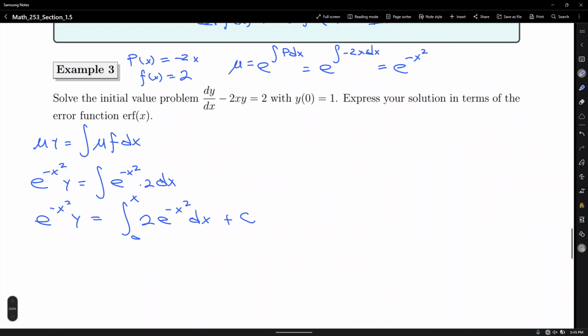Because what if we take the derivative on both sides? Do you agree that for some value of x, this would be a constant, and the derivative of a constant is equal to 0? The derivative of c is also going to be equal to 0.